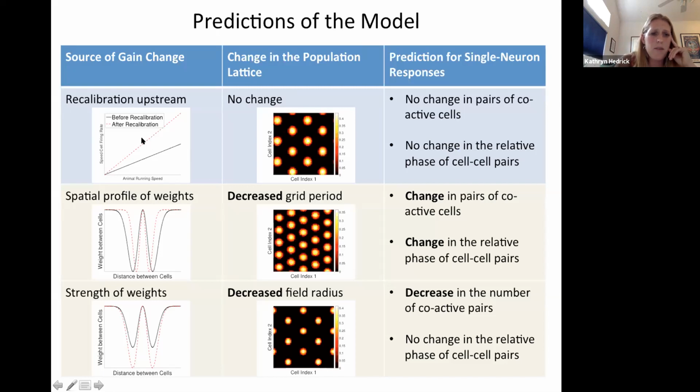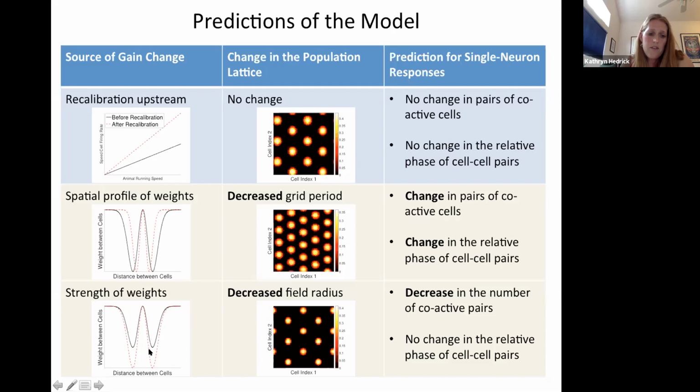So if a recalibration occurs upstream, there should be no change in the population lattice. And so for the single neuron response, we should see no change in pairs of coactive cells and no change in the relative phase of cell-to-cell pairs. But if there's a change in the spatial profile of the weights, that will decrease the grid period and lead to changes in both the pairs of coactive cells and the relative phase of cell-to-cell pairs.